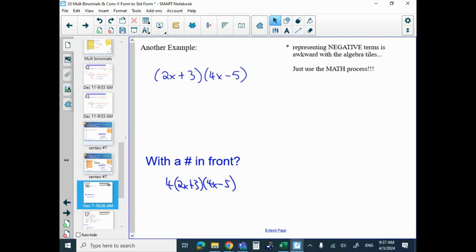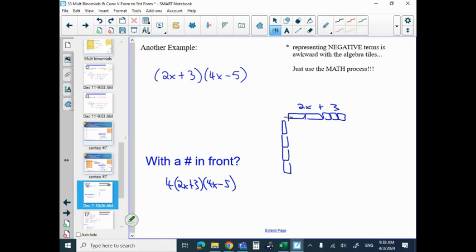So another example where it's a little bit bigger. We could still do this for sure. It just gets pretty messy with algebra tiles. So you'd have an x, another x. So there's your 2x, and then plus 3. So there's your 2x's plus 3, and then we'd have 4x's. So it just gets pretty big. And the problem here with this one too.